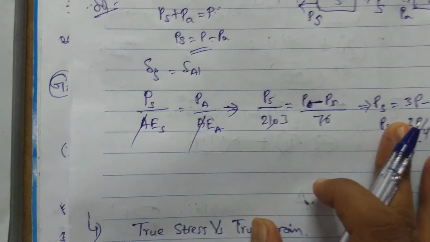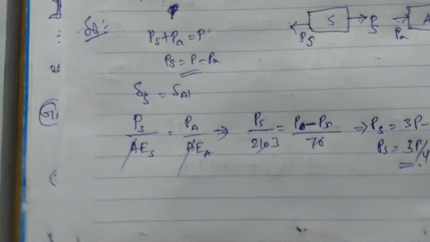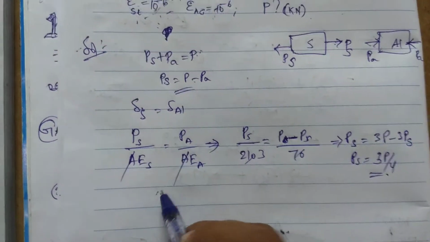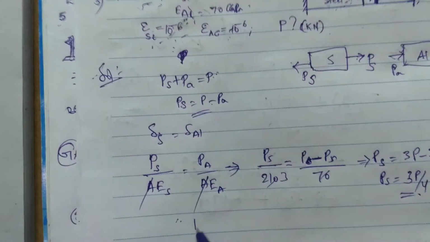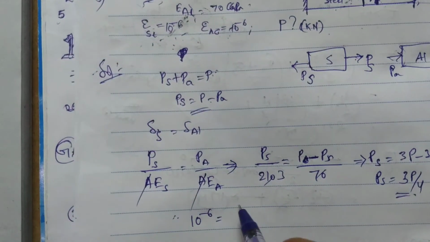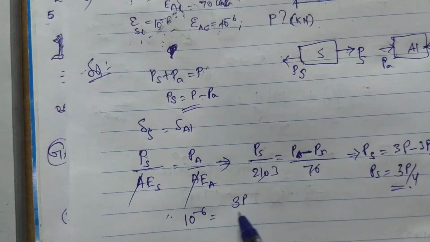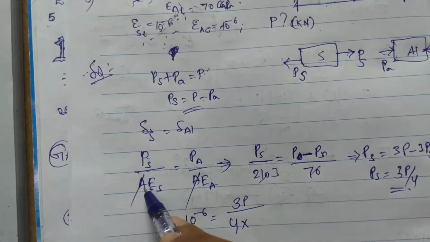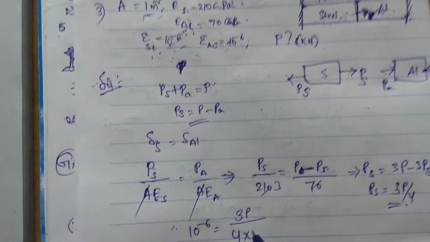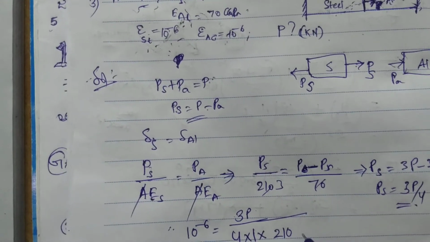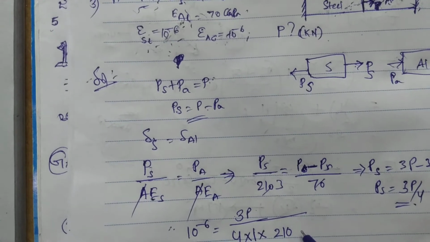Now the strain value in the steel bar is given as 10 power minus 6. Strain equals PS by AE, PS is 3P by 4, into A, which is given as 1 meter square, into Young's modulus, which is 210 gigapascals.